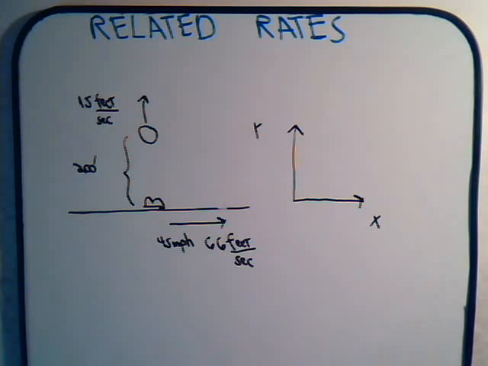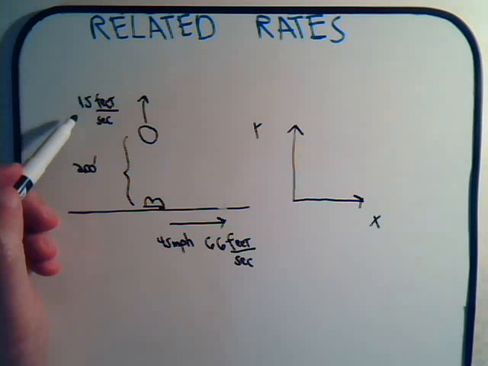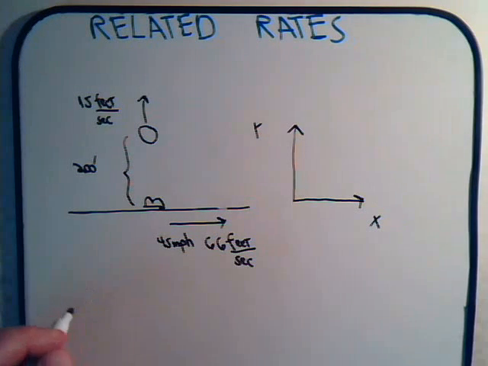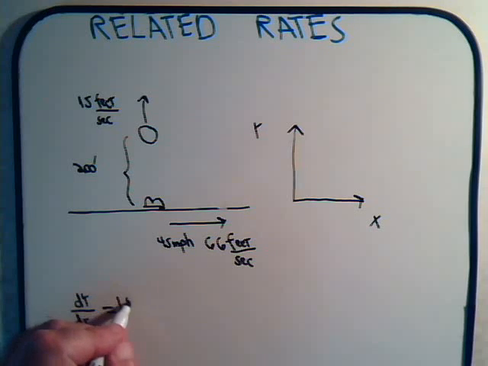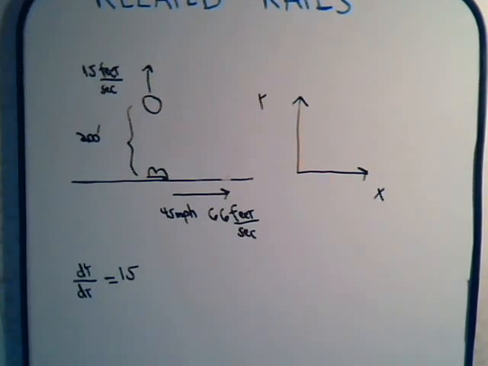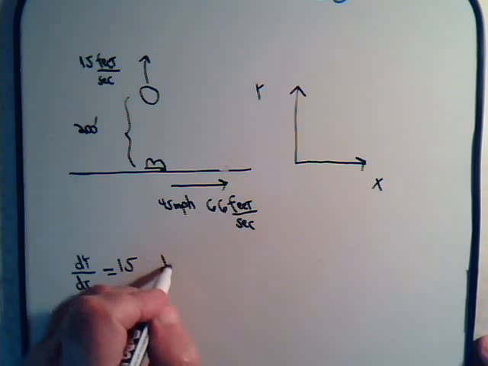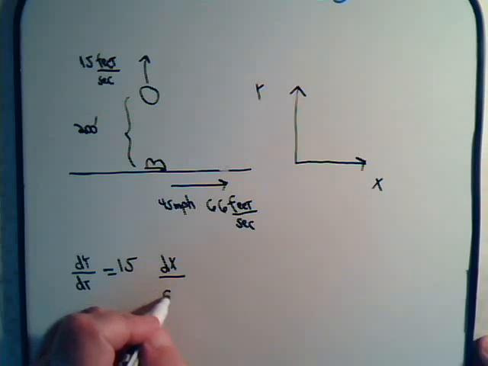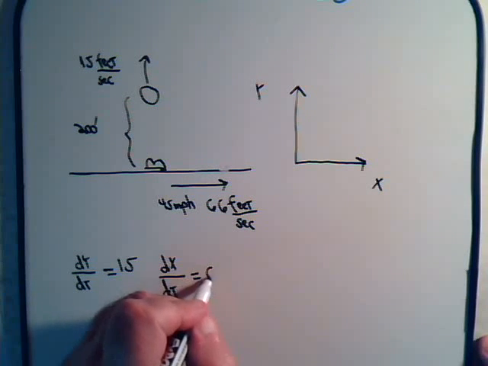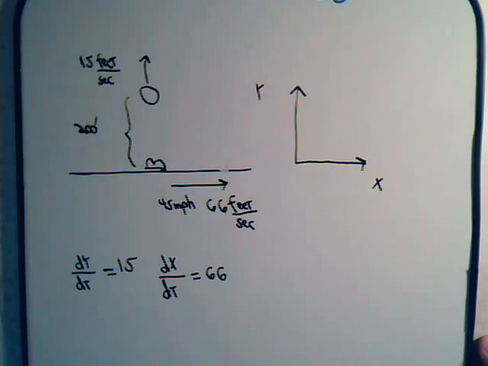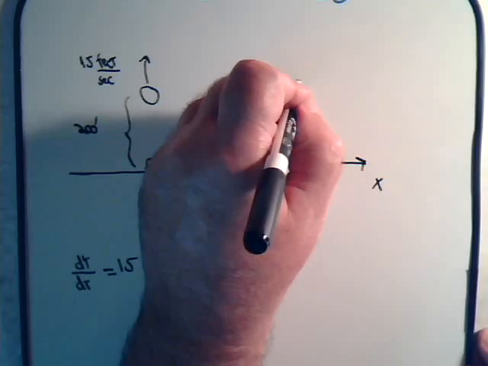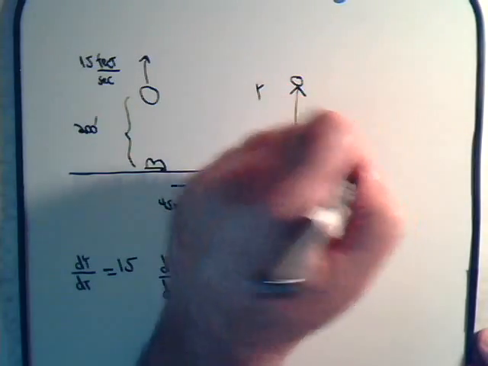And we know the balloon is rising at 15 feet per second. So we know what dy/dt is. dy/dt equals 15. And we know what dx/dt is. That's 66.